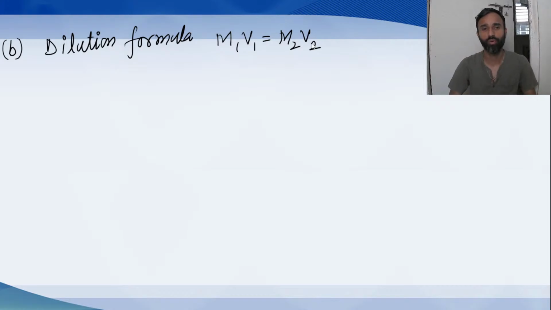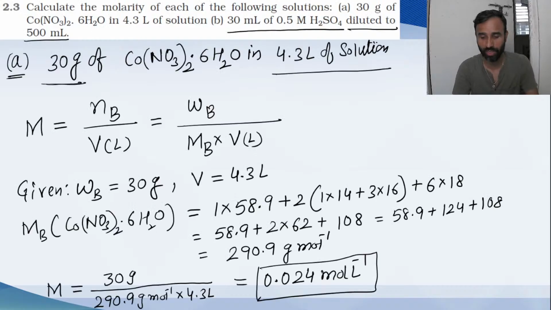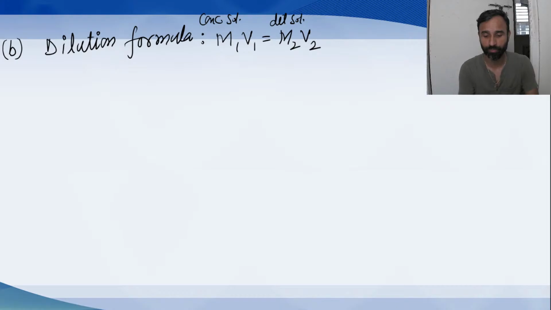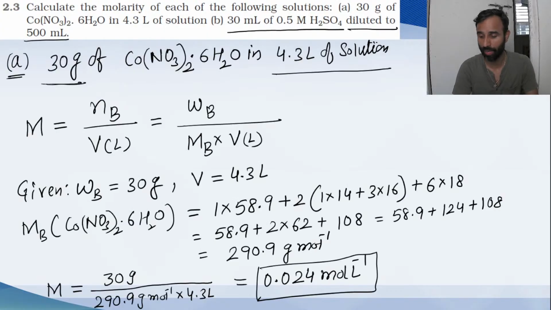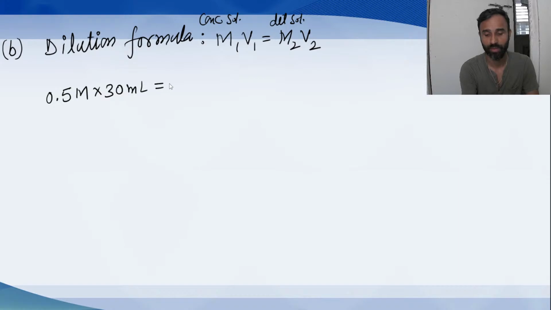M1 V1 is for the concentrated solution and M2 V2 is for the dilute solution. So for the concentrated solution it is 0.5 molar into 30 ml, equal to M2 into 500 ml, right?